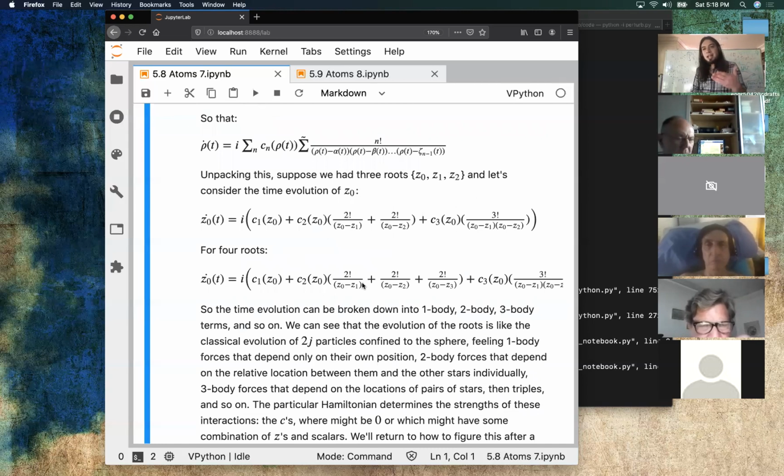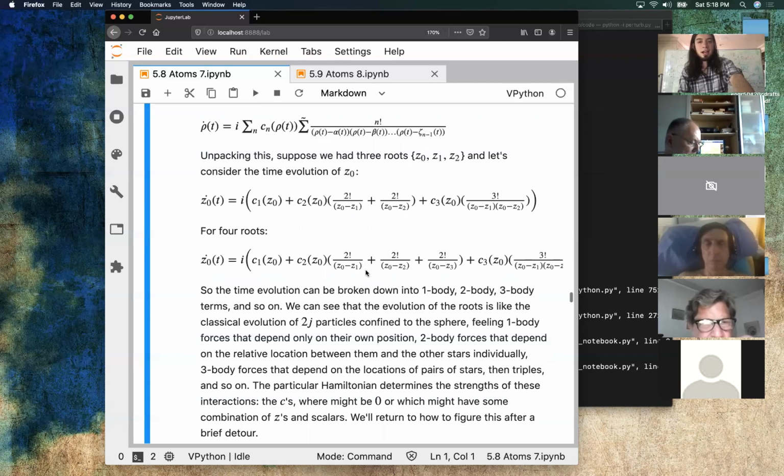Right, so like I was saying, they're like little charged particles. Each of the roots is feeling a force that is generated by the other roots. And it's not exactly like electromagnetism. For example, here I've written it out for, suppose there are 4 roots. The time evolution can be written in terms of these arbitrary functions of z, c1, c2, c3.